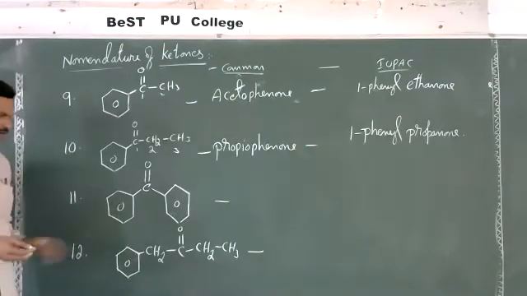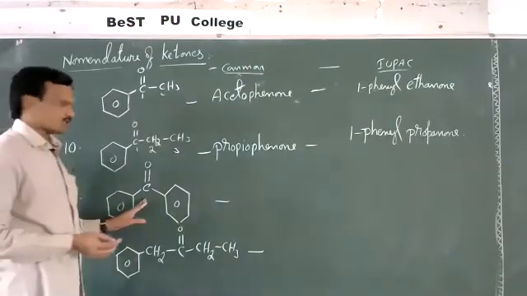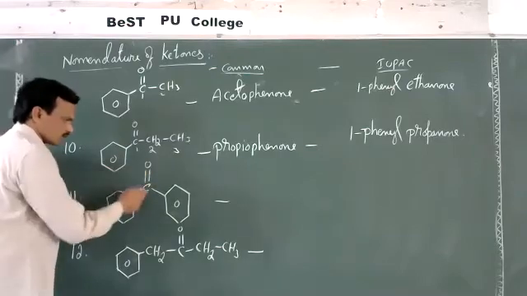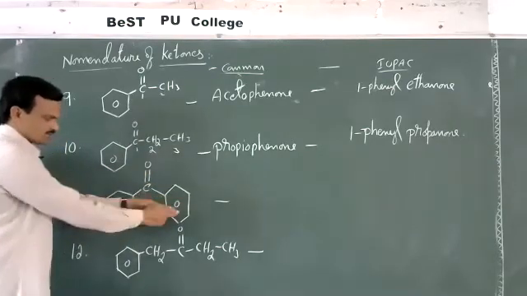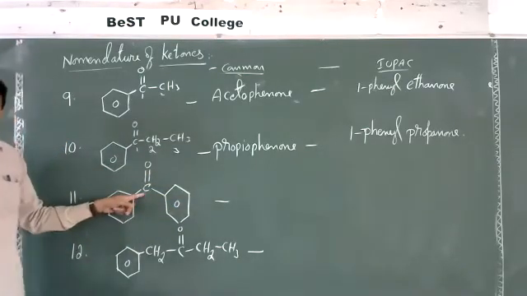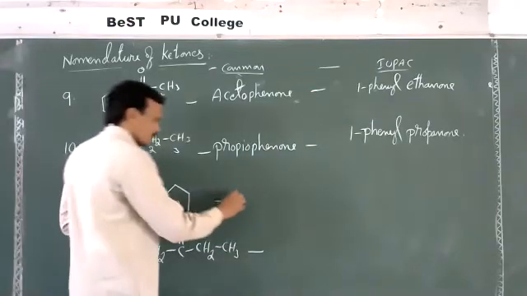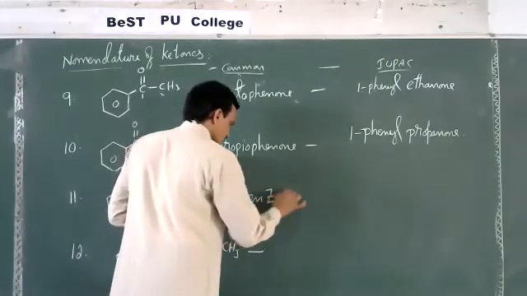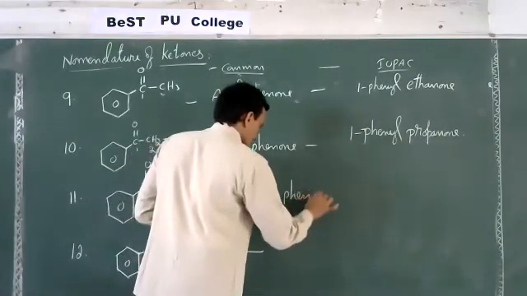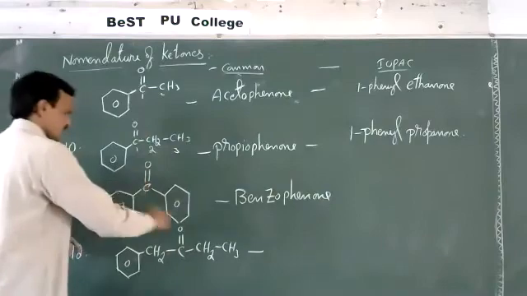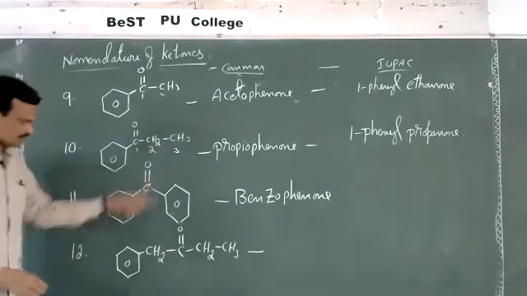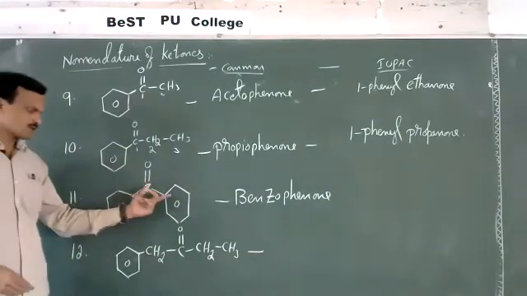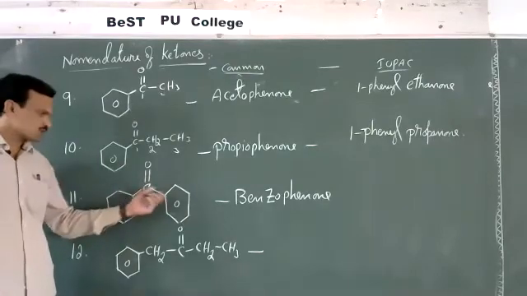Now come to this. This is the phenone, the benzoyl group, C6H5CO benzoyl group. This is named simply benzophenone. Both groups are the same, both are benzoyl groups only.